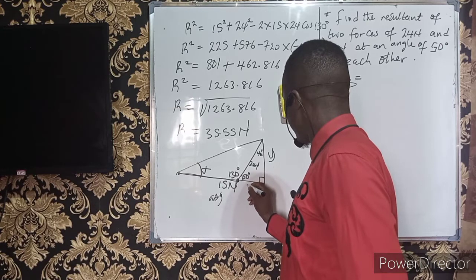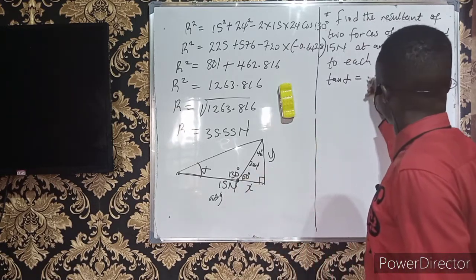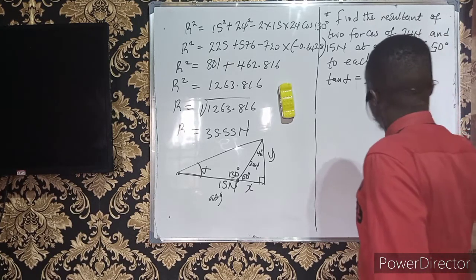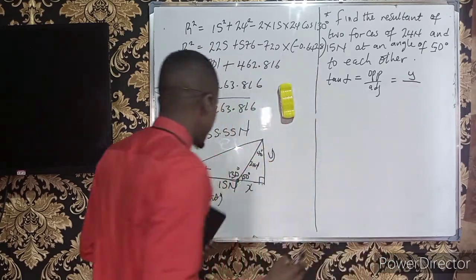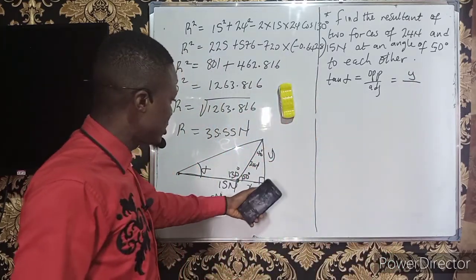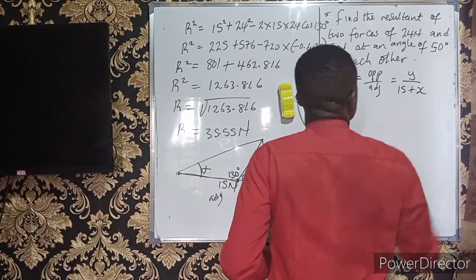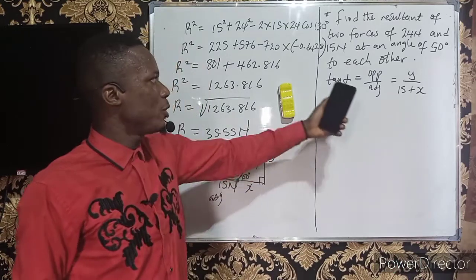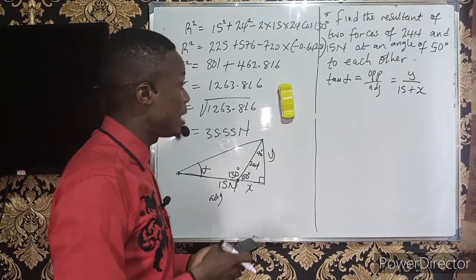So let me call here x, for instance, from here to here. So tan alpha will now be opposite over adjacent, and my opposite is y over adjacent is now 15 plus x, the total distance. 15 plus x. Okay, which means I need to get y and x independently and plug it into that equation. That's the only case I can get my tan alpha.